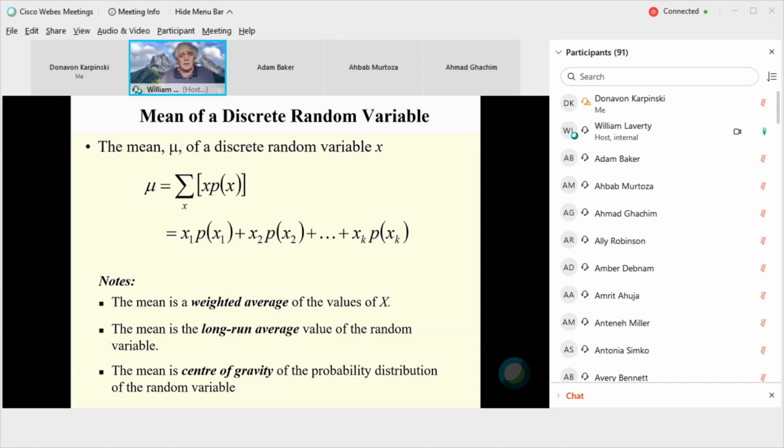So the long run average value of x will be equal to the mean. It's also the center of gravity. If you consider the probabilities as weights placed at each value of x, that system of mass will balance at the mean.